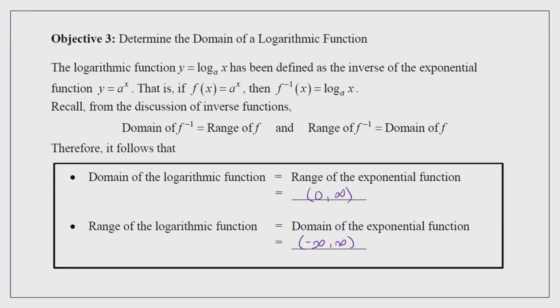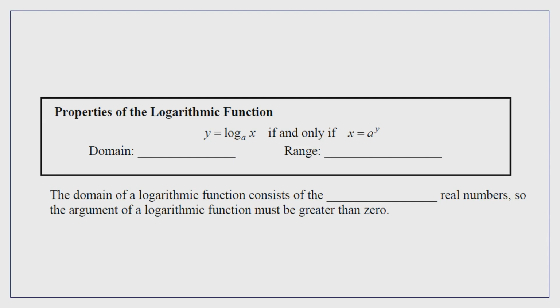So the next part here summarizes some properties of the logarithmic function. So the properties of our logarithmic function are y equals log base a of x if and only if x equals a to the power y, where our domain is going to be all x values between 0 and infinity, and our range is going to be all values between -infinity and infinity.